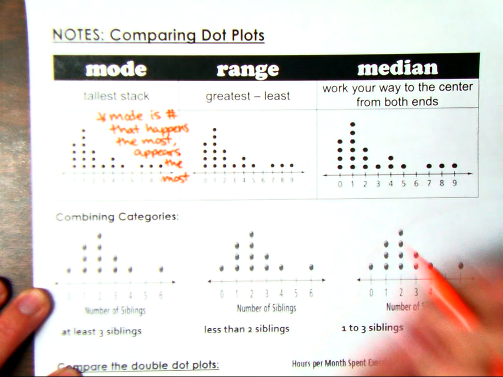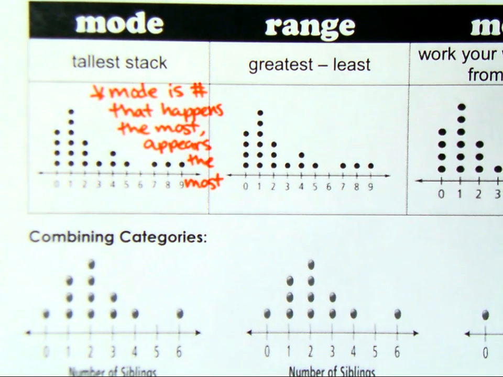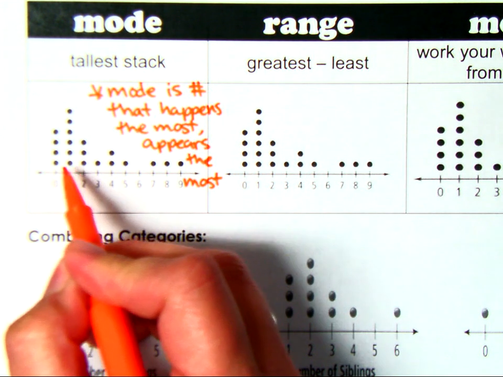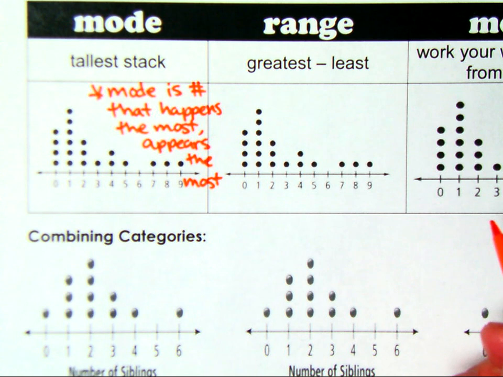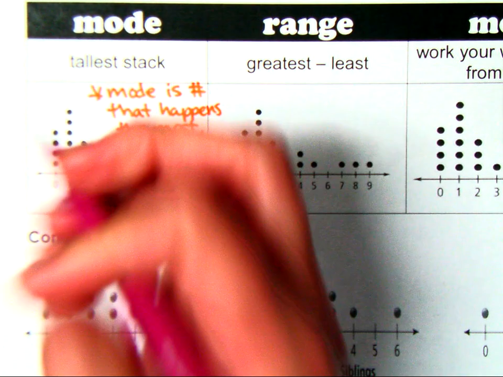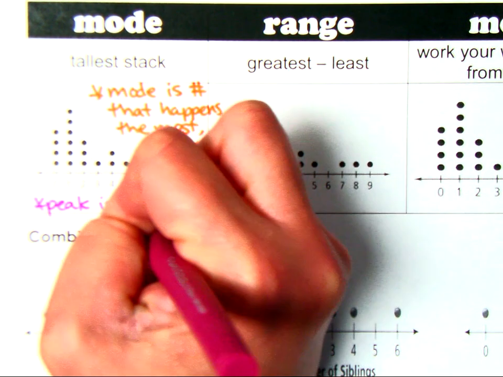So what we've done with this data is we've organized it, instead of making a list of numbers, with a number line, and we put a dot above the number each time it would have appeared in the list. In case you forgot, in a dot plot, the peak is always the mode.